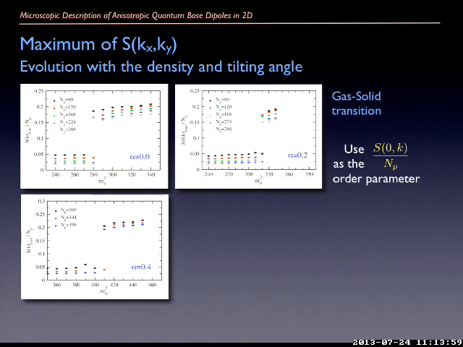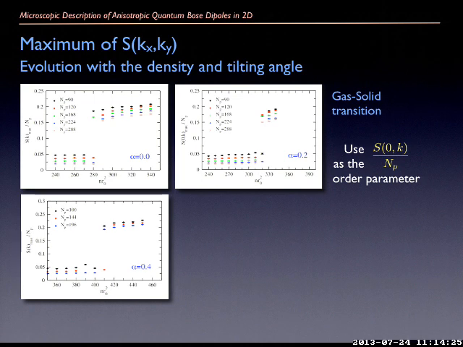In order to characterize a little bit how the transition to the stripe phase is, we used the ratio of S(0,k) along the y direction to the number of particles. For instance, for alpha equals 0, when we know that there is no stripe and the system can only go from gas to solid, which is a first order transition, you see that the order parameter jumps.